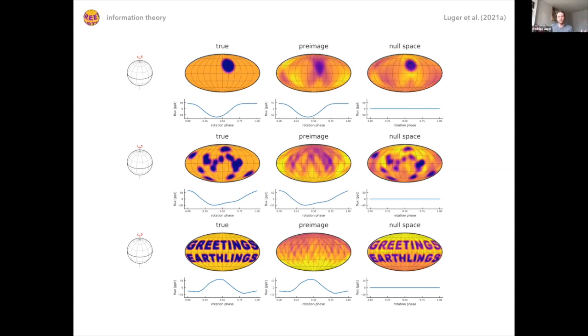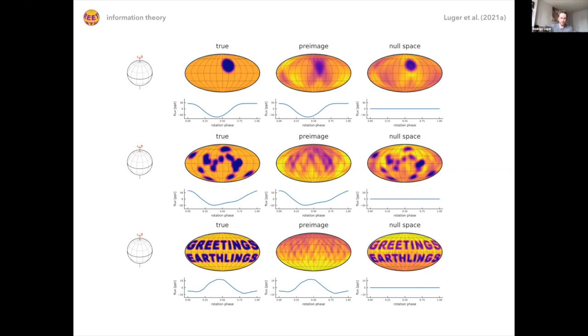You can decompose this into the stuff that's contributing to the flux, that's the central column, the pre-image, and the stuff that isn't contributing to the flux, the null space. Everything is linear, and so the maps add across the rows, but the light curves also add across rows. The pre-image gives you the exact same light curve because that's the stuff that's contributing to the light curve, while the null space gives you exactly 0 by definition.